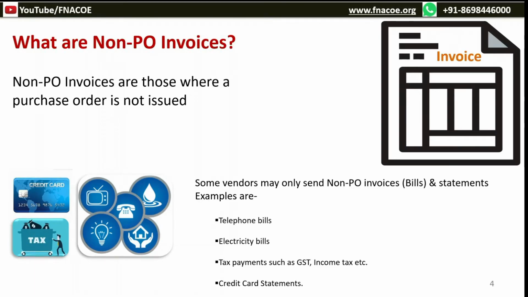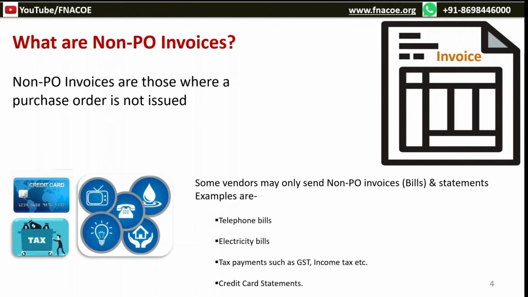These vendors do not accept any purchase order. Their billings are based on usage. Some companies use a best practice to generate a PO against all such non-PO expenses from an internal control standpoint. That means once the credit card statement is received, a PO is created as an internal control to reconcile the statement. This is generally done to avoid duplicate payments. We'll discuss this in detail when we discuss PO invoices.